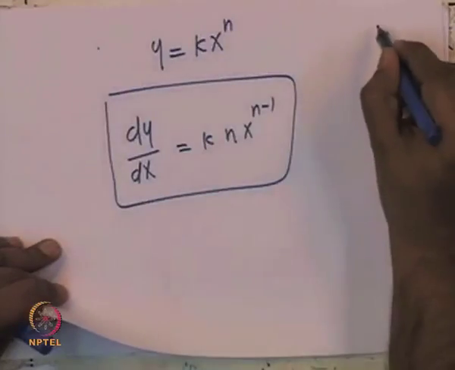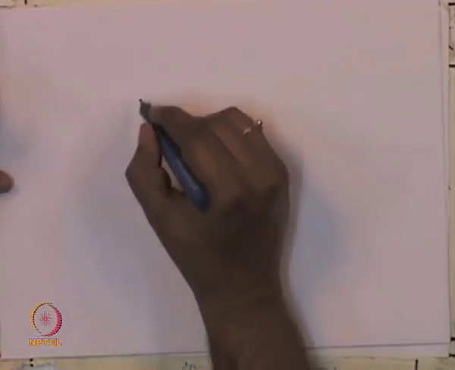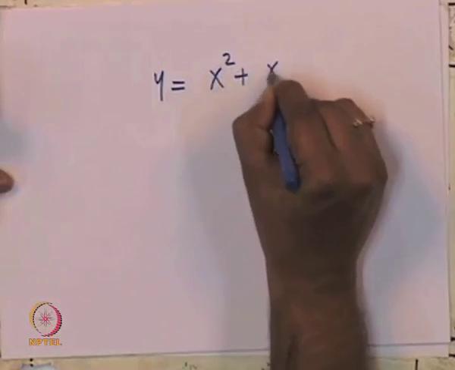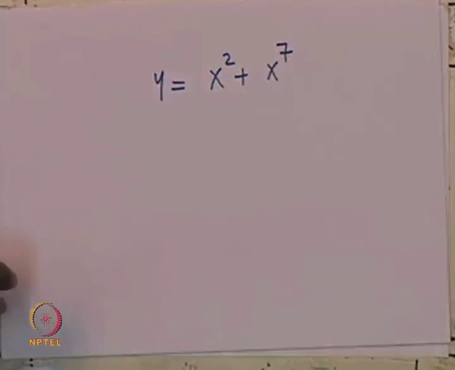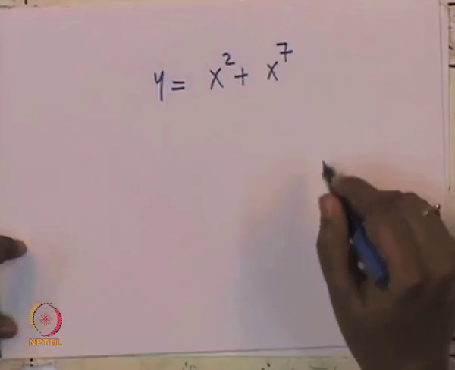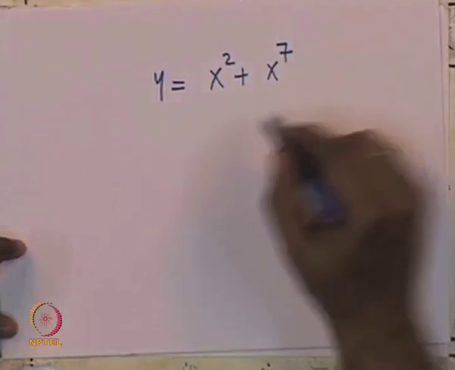Now, let us look at some other simple functions, like what happens if y is the sum of two functions, x square plus x power 7. We learned many functions which are combinations of x, x square, x cube and so on. So, what happens when y is a sum of two functions?